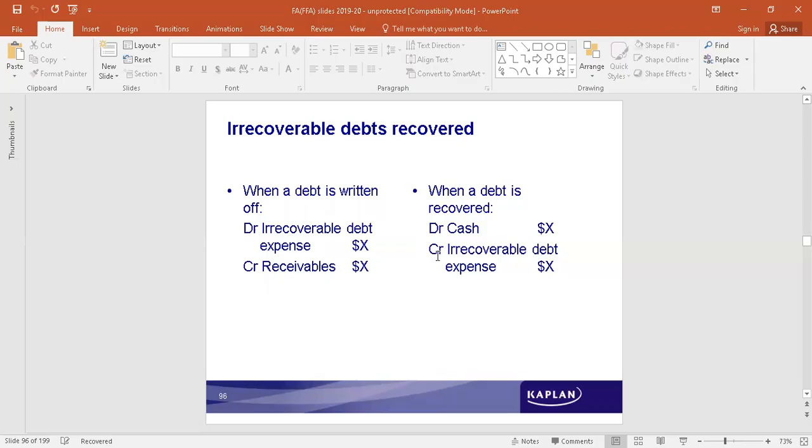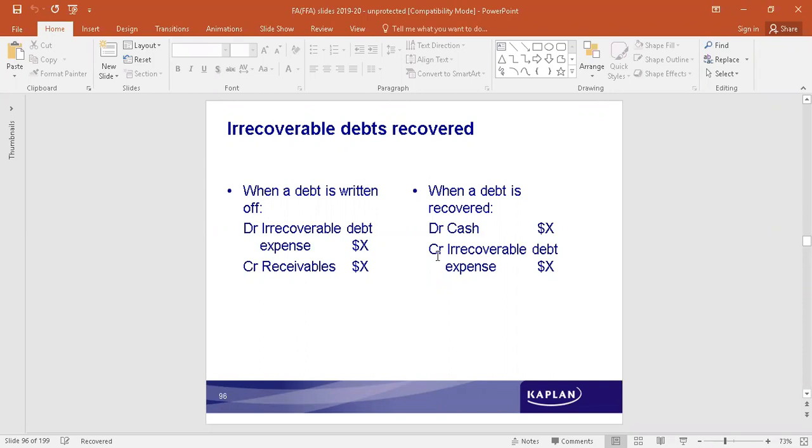The account is no longer existing, because receivables is closed. So when the customer comes back and makes the payment, some amount of bad debt is recovered.